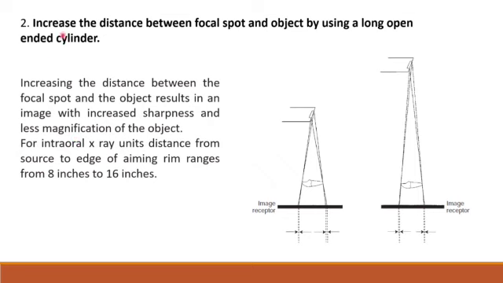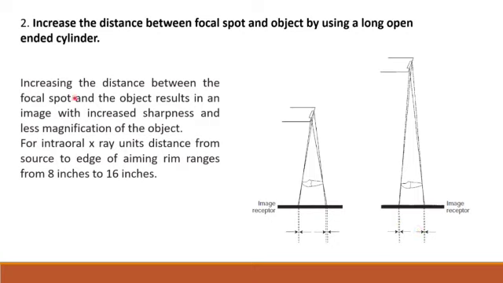So the second principle is increasing the distance between the focal spot and the object using a long open-ended cylinder. So let us compare these two pictures. So the distance from the target to the object is shorter here, and the distance from the target to the object is longer in the second picture. Then let us compare the unsharpness. So unsharpness is more in the shorter cone when compared to the longer cone.